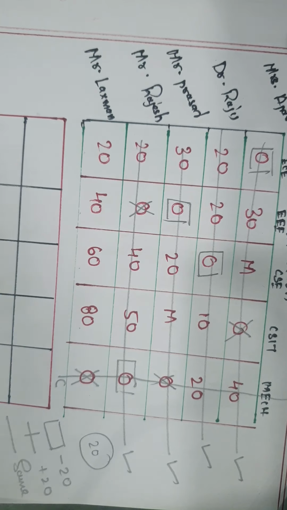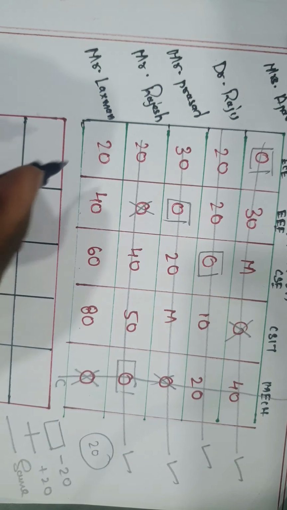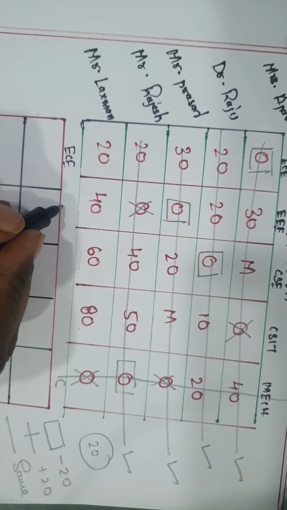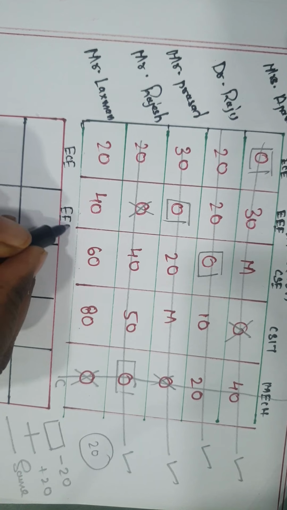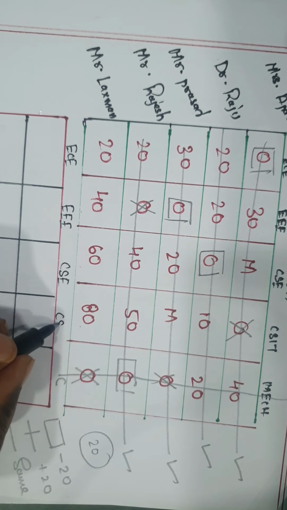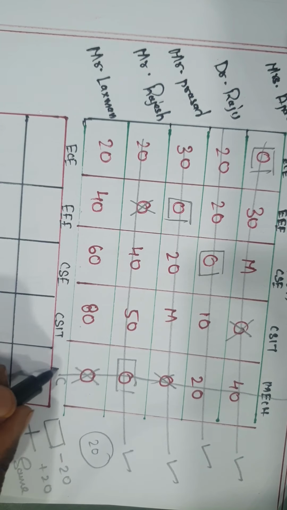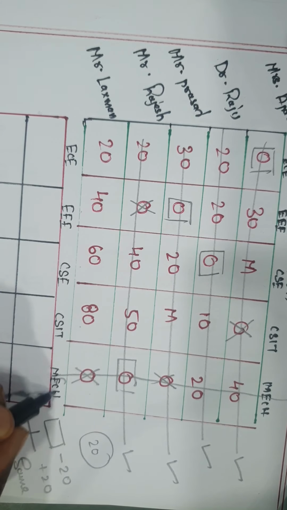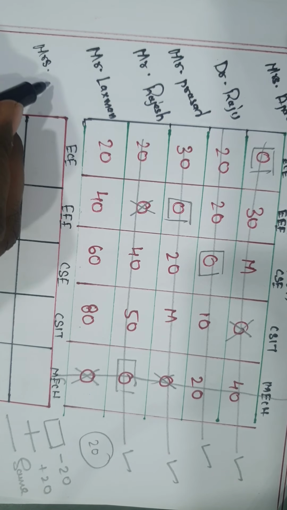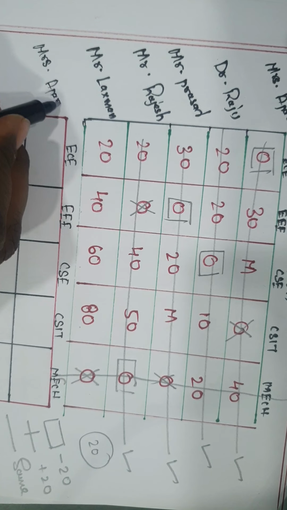So before that you have to write down how many machines are there and what are their names. First one is the ECE, second one is the table E, next one is the CSC, next one is the CSIT, next one is the mechanical MECH. First one is Miss Aparna.